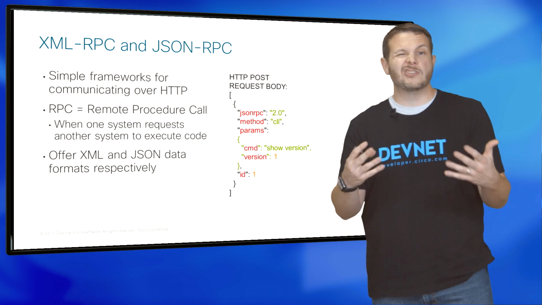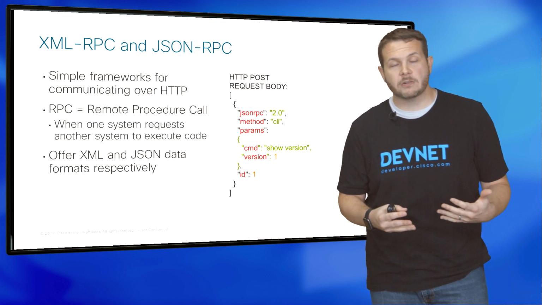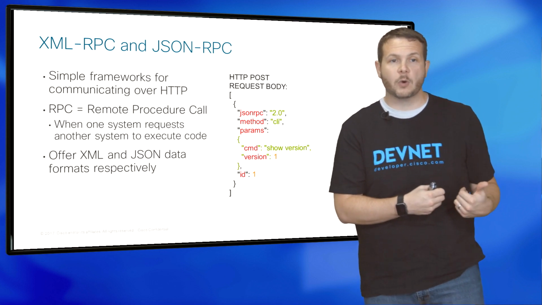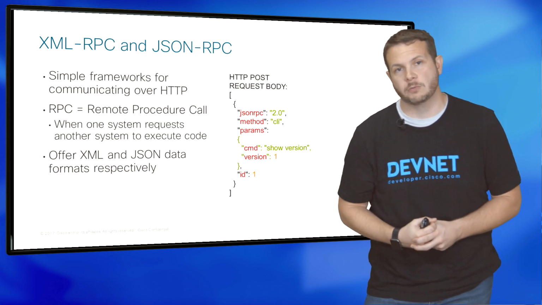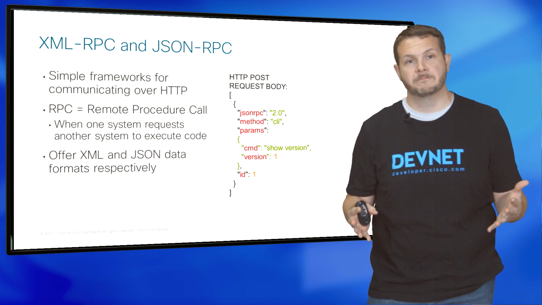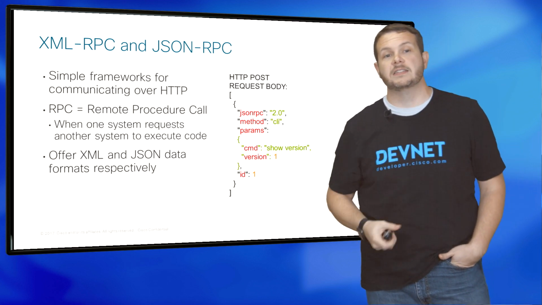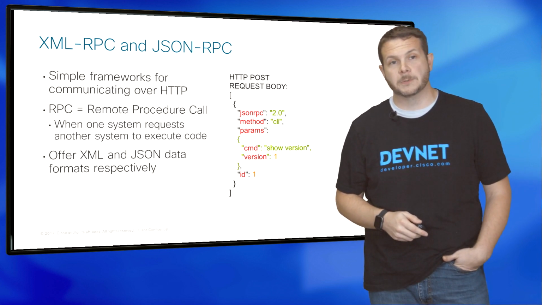And RPC is just another set of letters that we can demystify today. Remote Procedure Call just means I have one system requesting another system to execute some code and return the information. Very similar to an API just on its outset. Now, XML and JSON RPC will provide both XML and JSON data formats respectively as we go through.